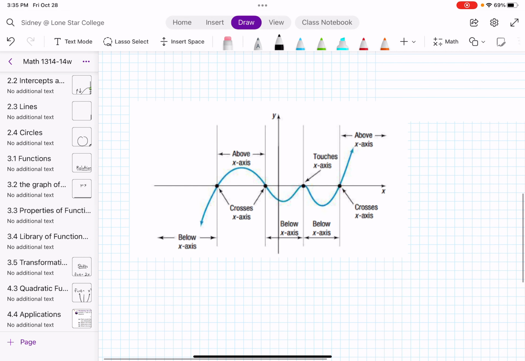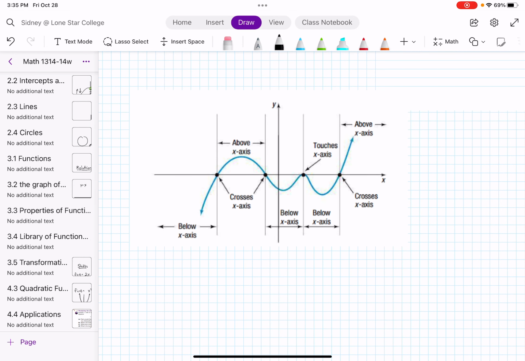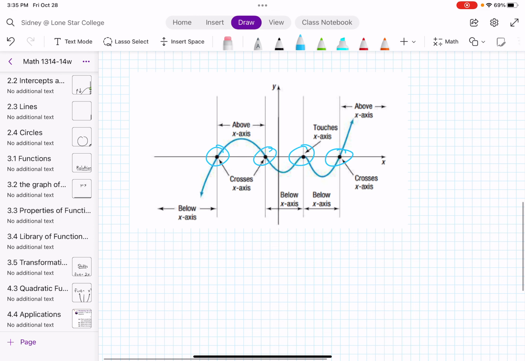When we look at this picture right here, we see zeros. I see a 0 here, here, here, and here. When we talk about multiplicity, we generally categorize into 2 camps: odd multiplicity and even multiplicity.